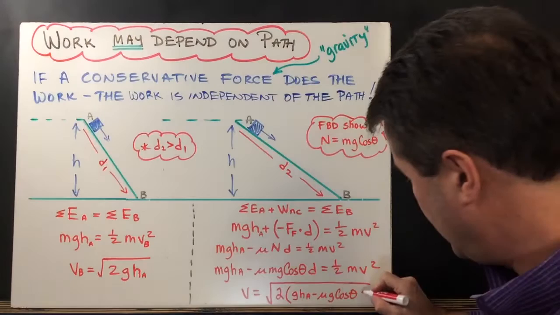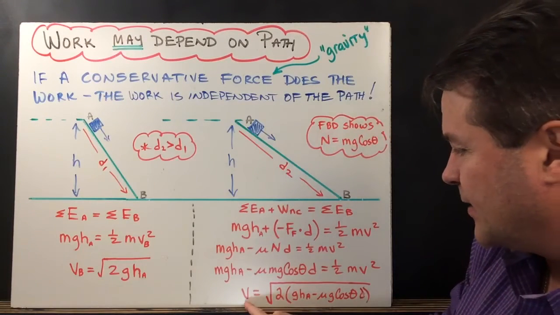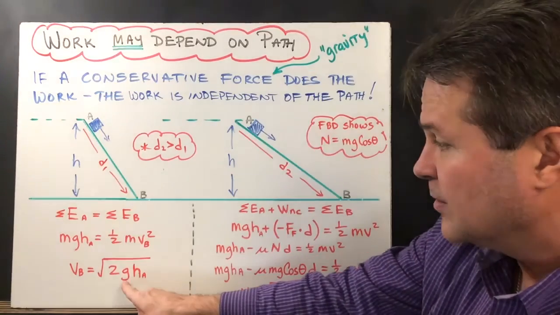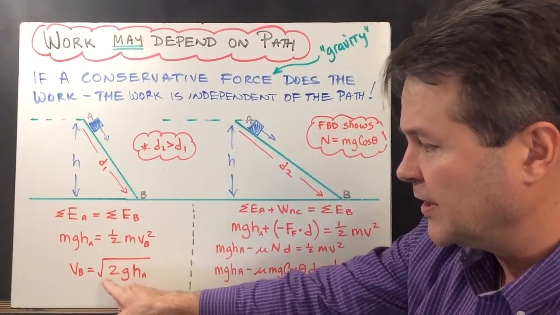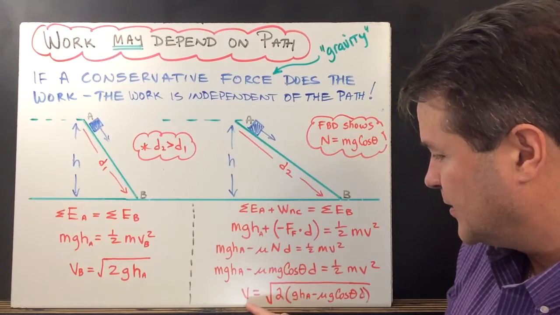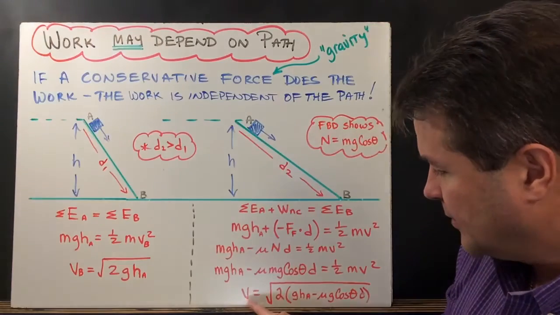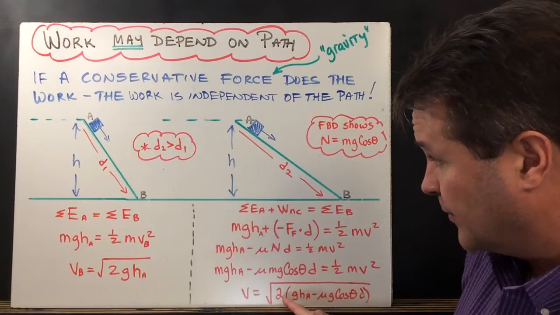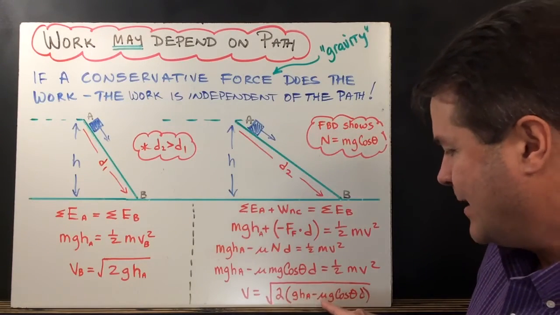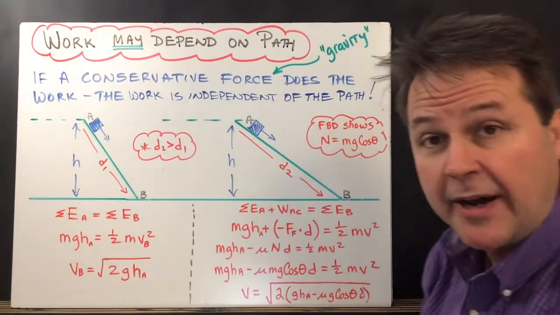My emergency red pen. There you go, that's better. So we see that the velocity with conservative forces is only equal to the square root of 2gh. But if there are non-conservative forces such as friction, the velocity is equal to the square root of 2gh minus 2 times the work done by friction.